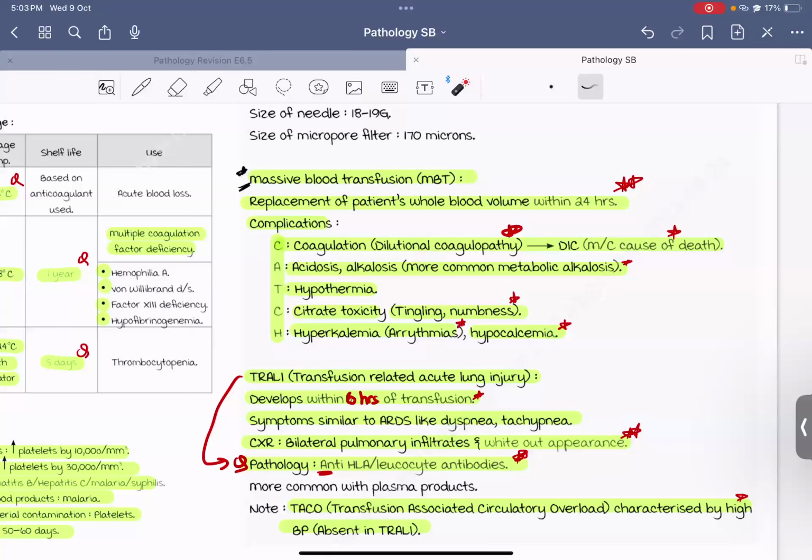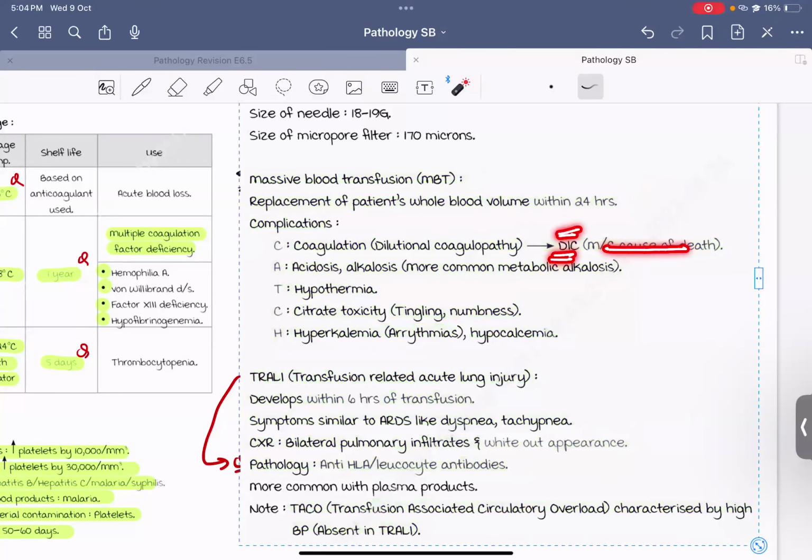Just think, if we transfuse so much blood into the body, the dilution of the coagulation factors will cause dilutional coagulopathy, which will cause DIC, disseminated intravascular coagulopathy, and this is the most common cause of death. Again repeating, there will be a coagulation defect, or dilutional coagulopathy. This complete word is important, dilutional coagulopathy, that is DIC, and this is the most common cause of death, is a question.